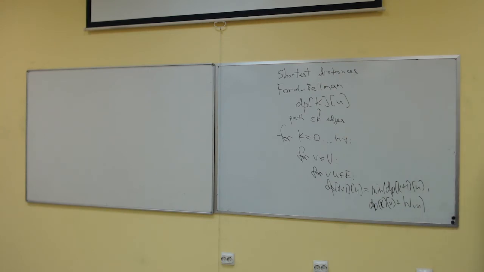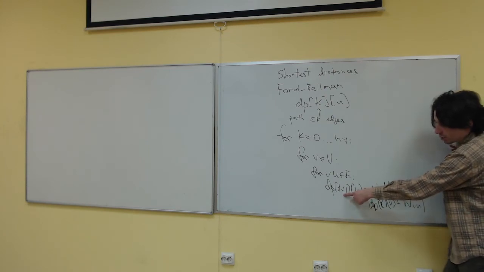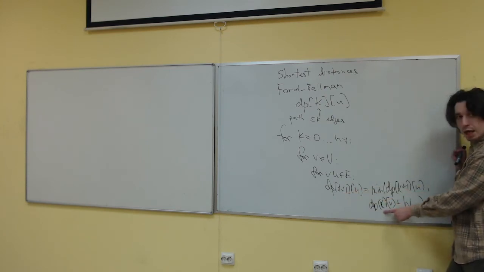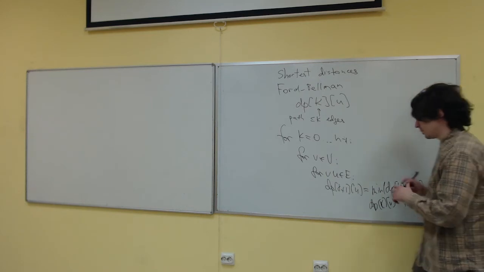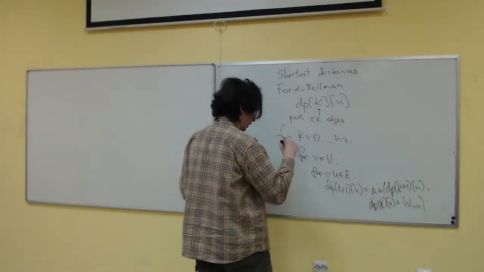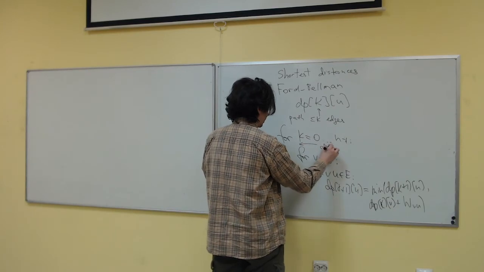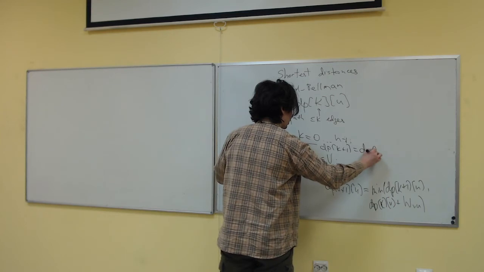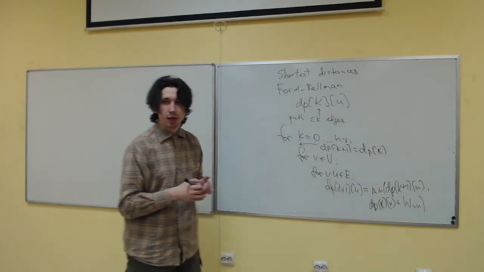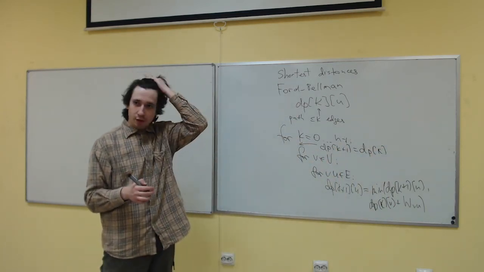So it's a simple dynamic programming algorithm where we add one edge, and we consider the state with fewer than k plus 1 edges as the k edges plus possibly another edge. Oh yeah, sorry, I forgot. Here we should say that dp of k plus 1 equals dp of k. Of course I forgot about that. We initialize each level as the previous level.